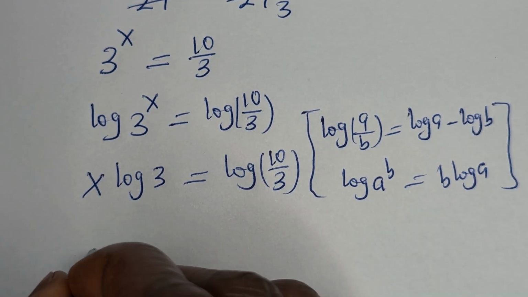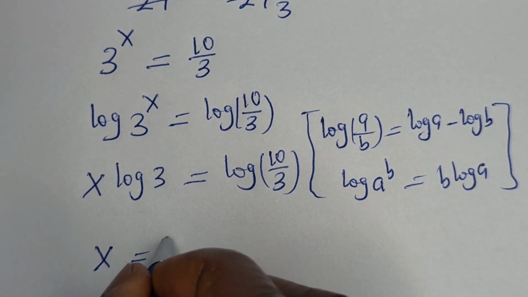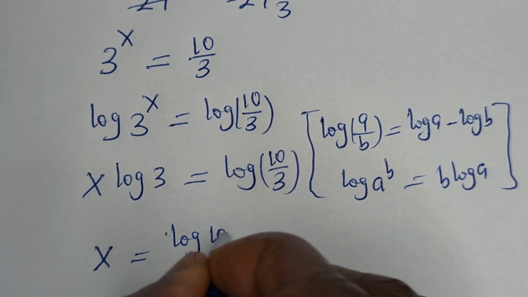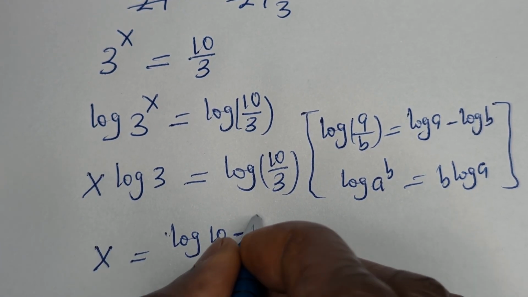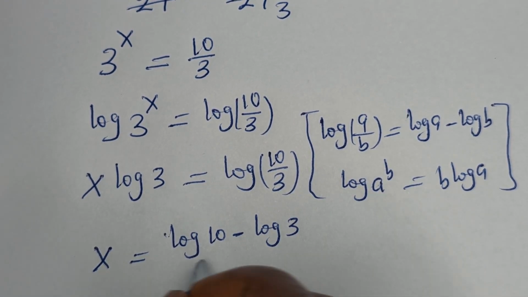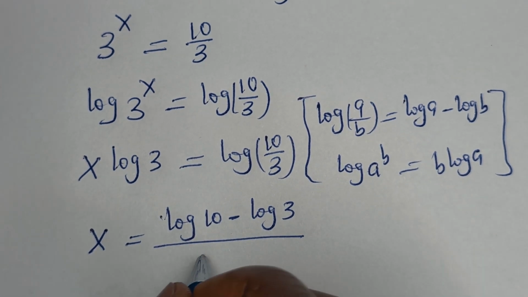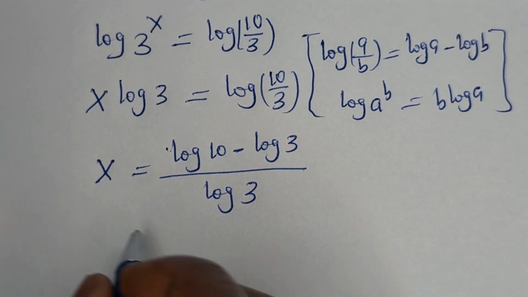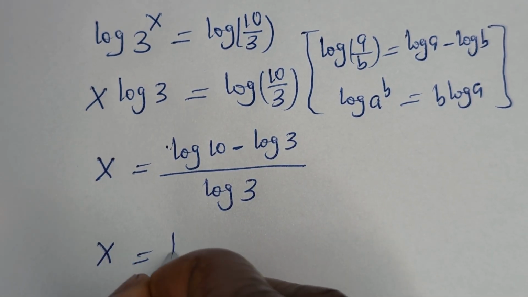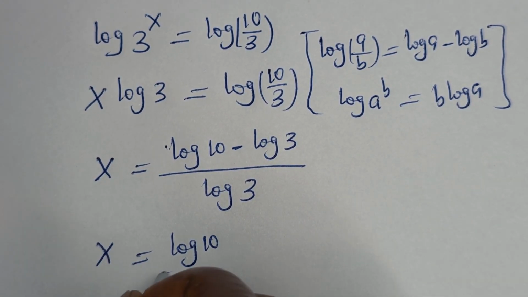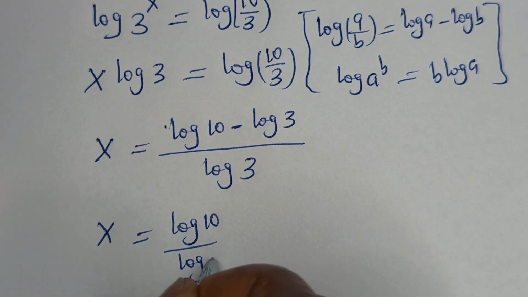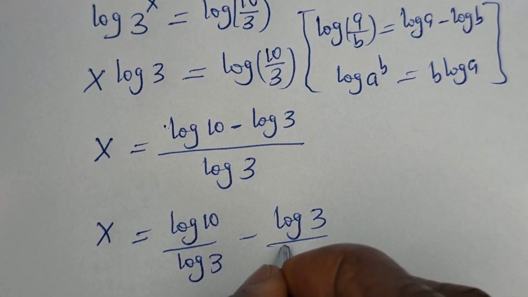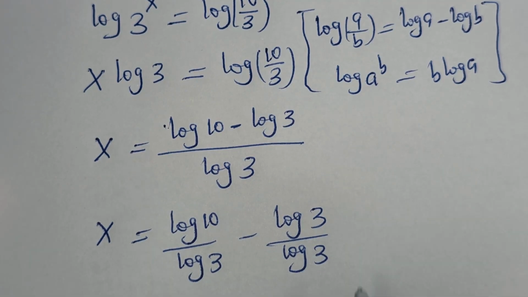Then this can be written as s is equal to log 10 minus log 3, then over log 3. Then here s is equal to log 10 over log 3 minus log 3 over log 3.